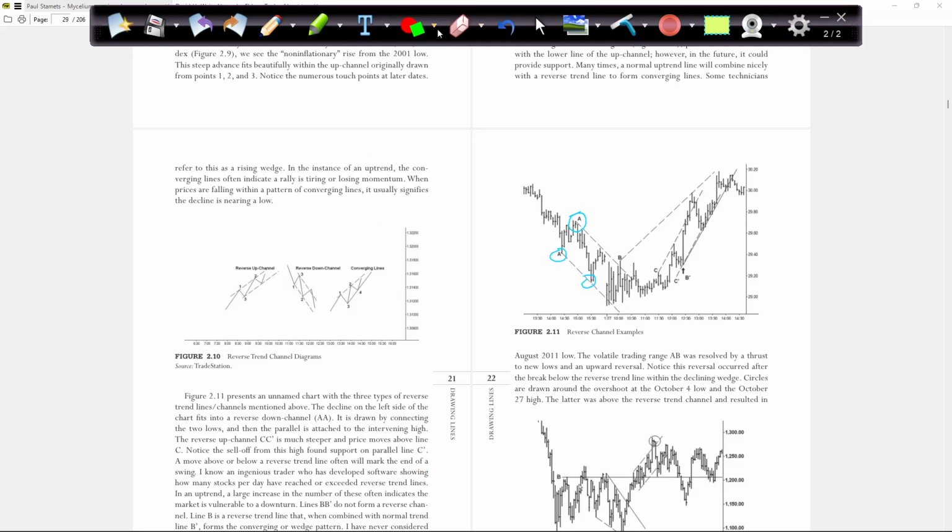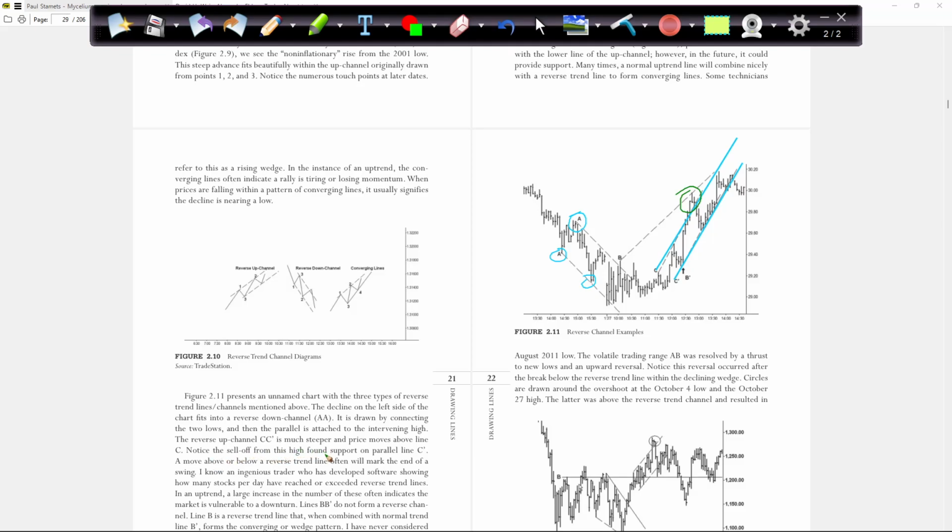So if we draw a reverse up channel here, connecting this high to this high, because we need two highs and one low, we got one low and these two highs. It is much steeper and price moves above this line C, right?